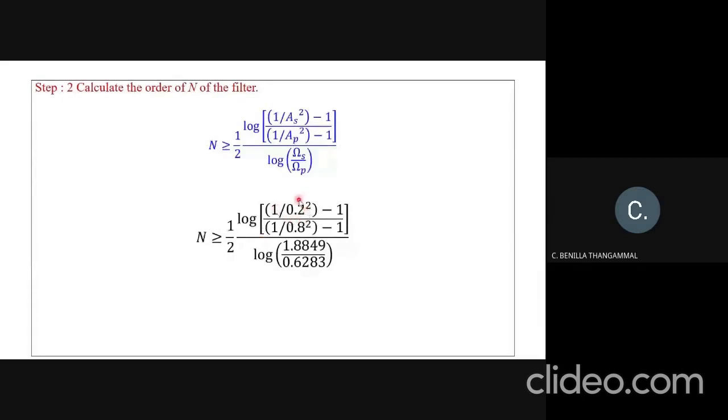Typing the same expression, the result is 0.08. So as I told earlier, your n should be taken as the next largest integer value, that's going to be 2. The order of your filter is 2.